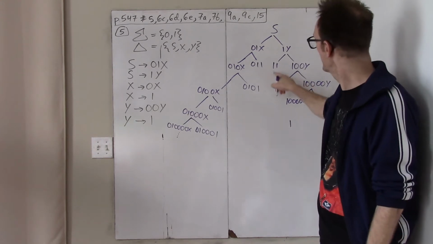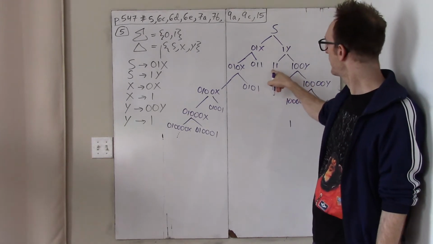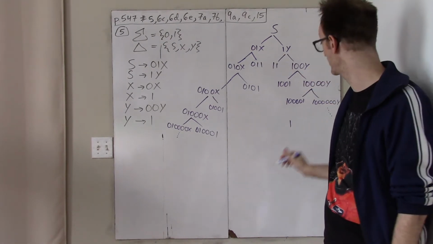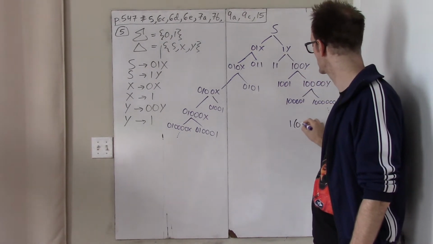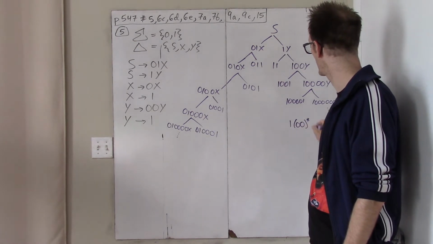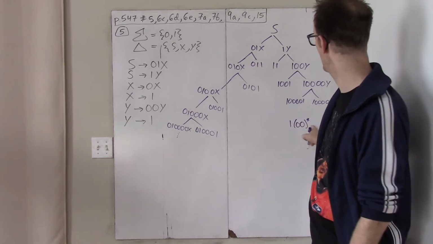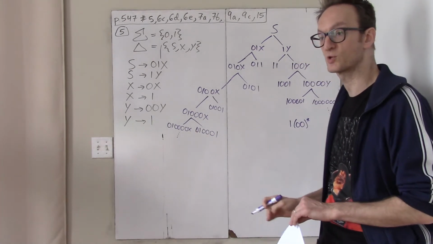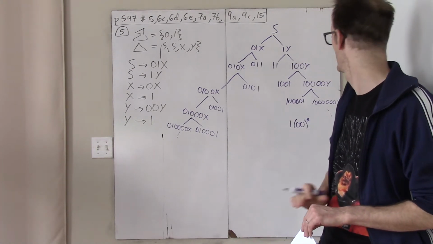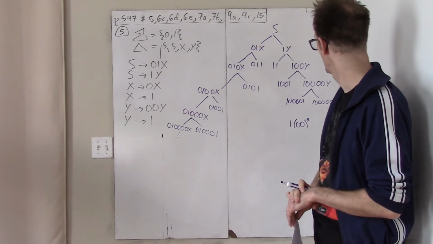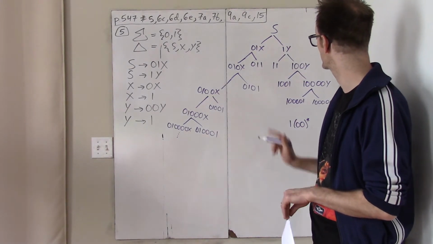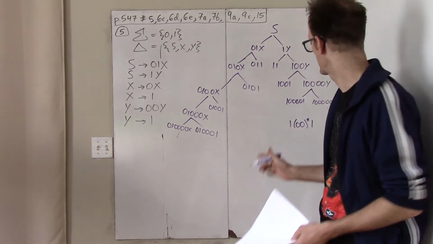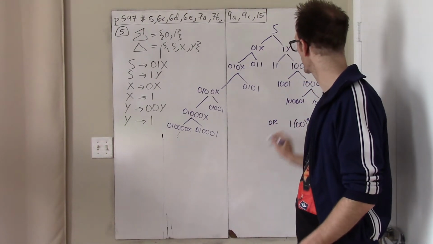One option is that the string starts with a 1, and then there are 2 or 4 or 6, etc. zeros in the middle. So I write that as (00)*, followed by a 1, since it always ends in a 1.